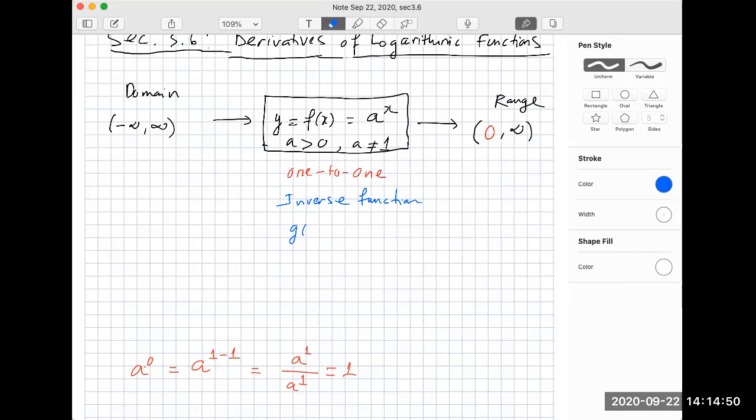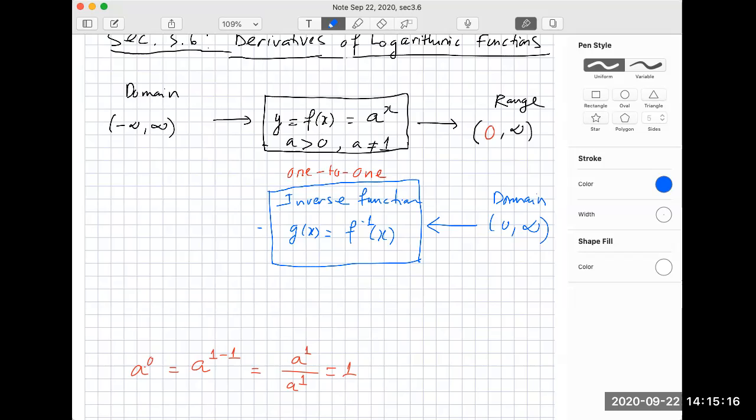We call it g of x, which is f inverse. The inverse function will take the range to be its domain. The range of this function is from 0 to infinity. And what is the range of this inverse function?